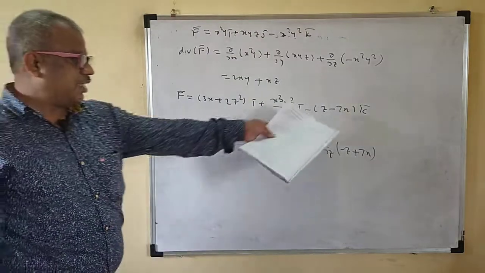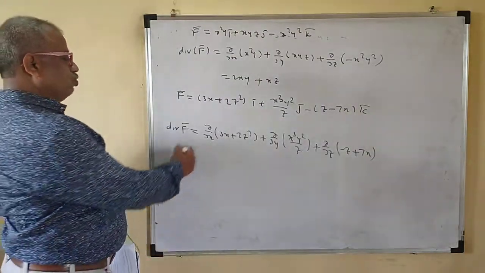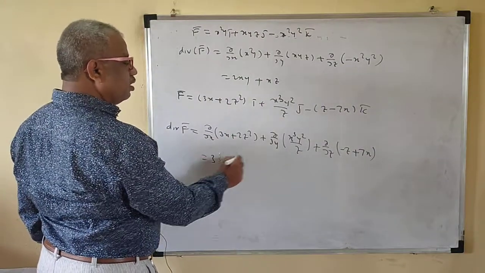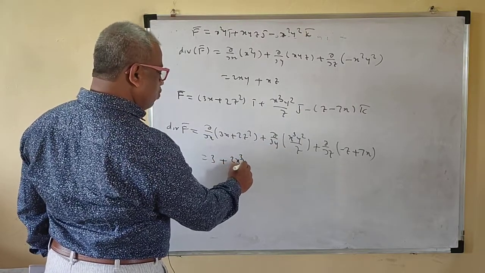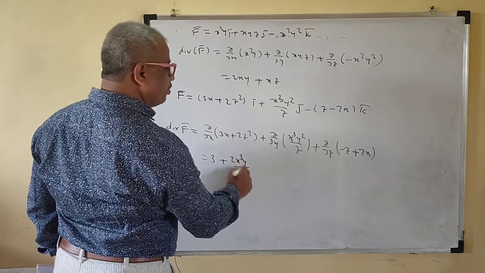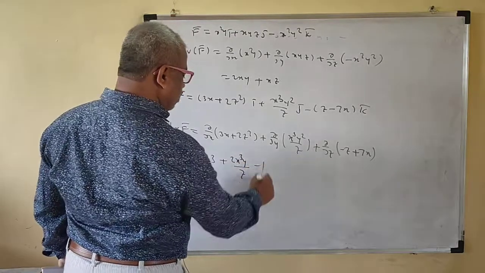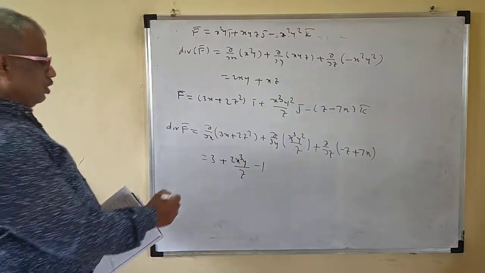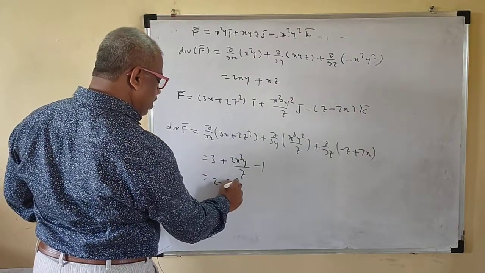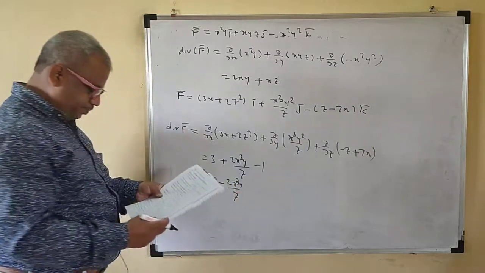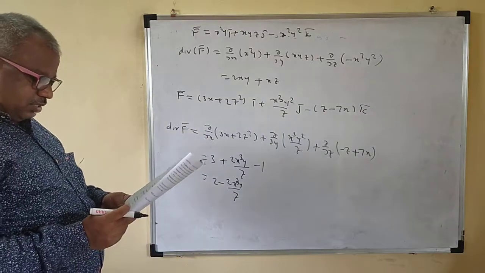So dou by dou x is 3, dou by dou y is twice x cube y upon z, and dou by dou z is minus 1. So this is 3 minus 1, which is 2, plus twice x cube y upon z.